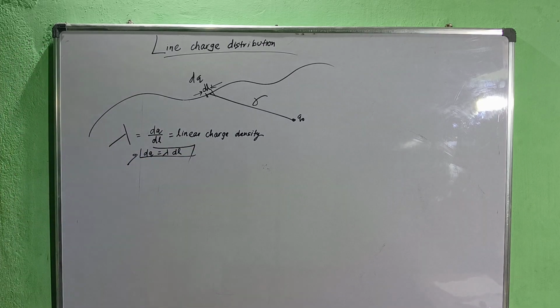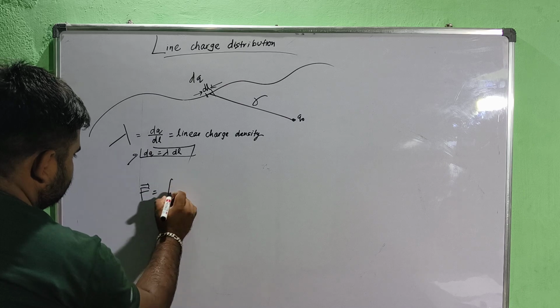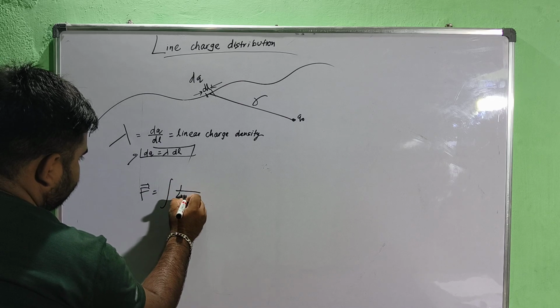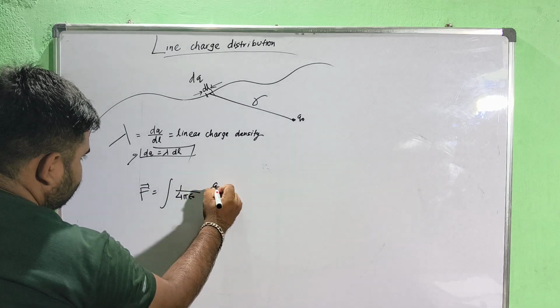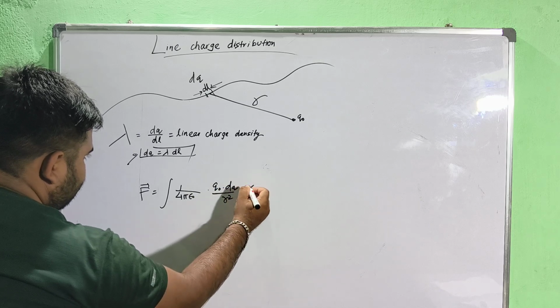So we know from the direct formula that F equals 1 upon 4 pi epsilon naught, q naught into dq by r squared r cap.